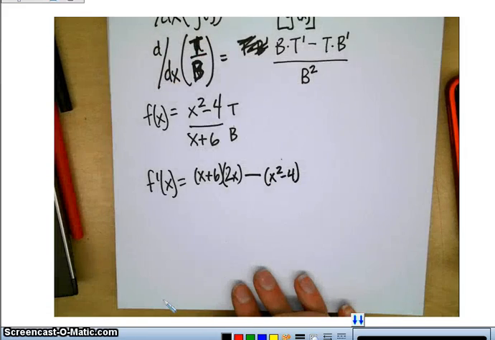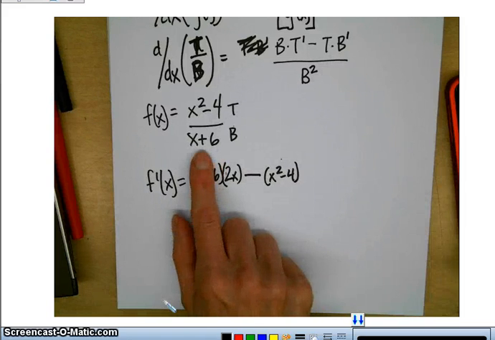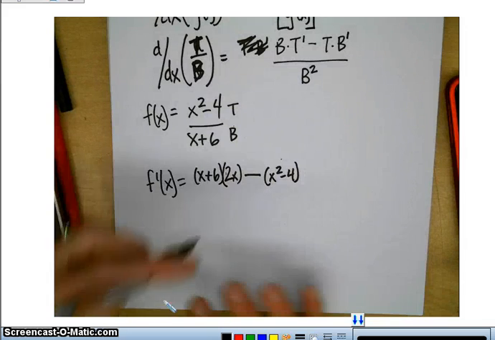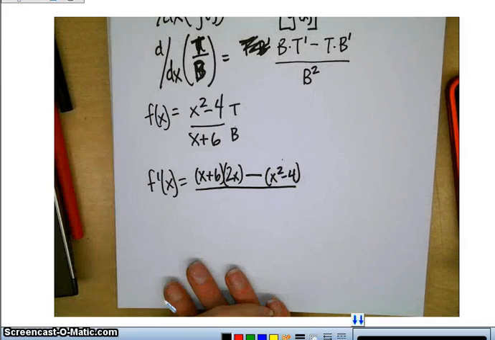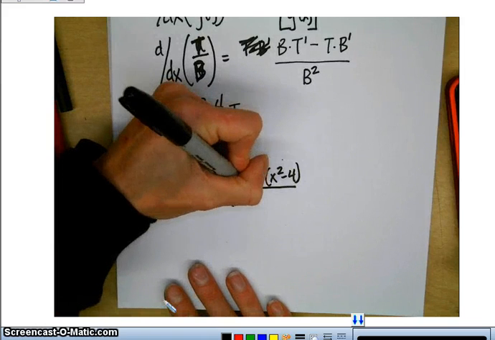Again, putting everything in parentheses is going to be very helpful so you don't mess up with signs or distributing. Times the derivative of the bottom. What's the derivative of the bottom? 1. You don't need to write times 1. All over, what are you going to do with the bottom now? Square it. Don't FOIL it out, just leave it like this.